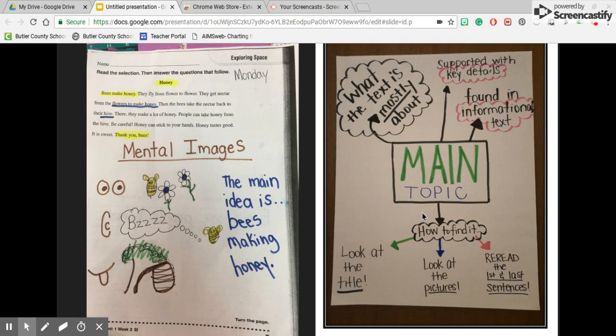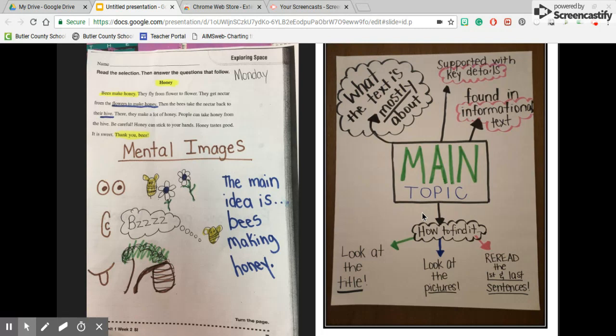Thank you, bees. So at this point, I allow the students to think for about 30 seconds to a minute. And then I had them open their eyes. And then I started calling on them to tell me what they saw in their mind with their mental image. A lot of students started talking about Winnie the Pooh and the honey.